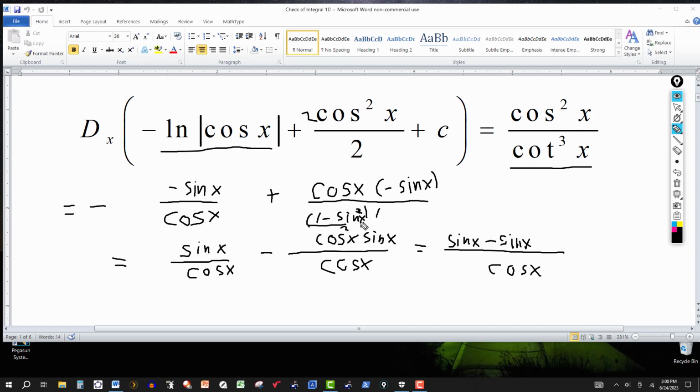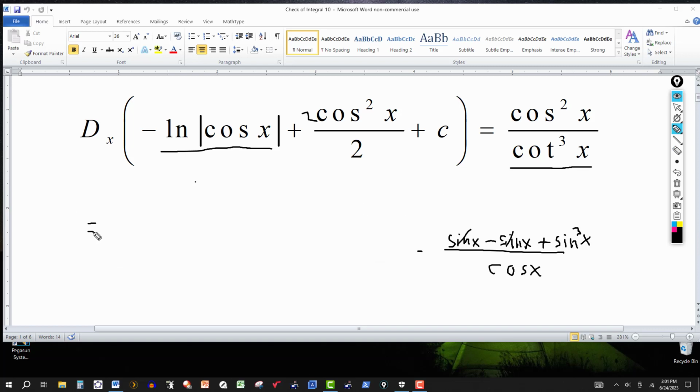That gives sine cubed, and with the minus there, that's going to make it a plus sine cube of x. So sine x minus sine x cancels, goes to 0. I'm going to come over here on this side, equals sine cube of x over cosine of x.